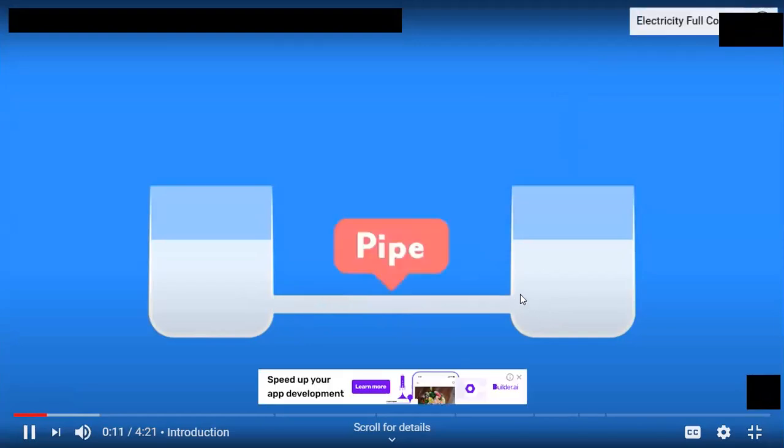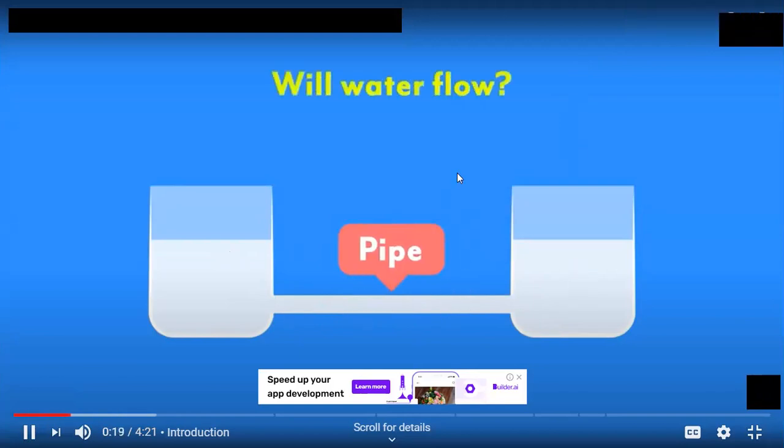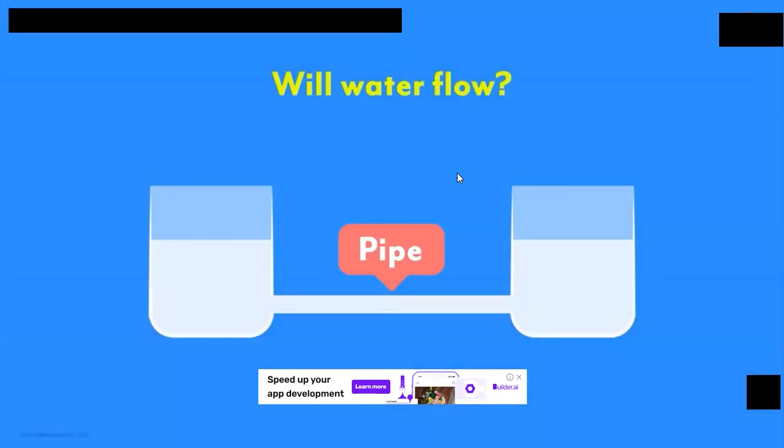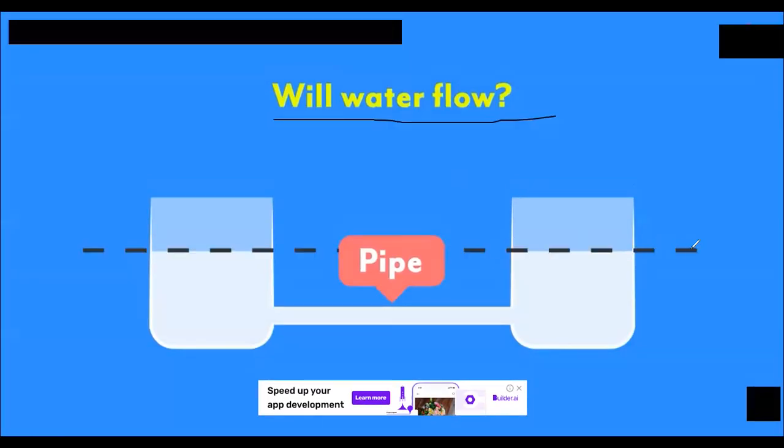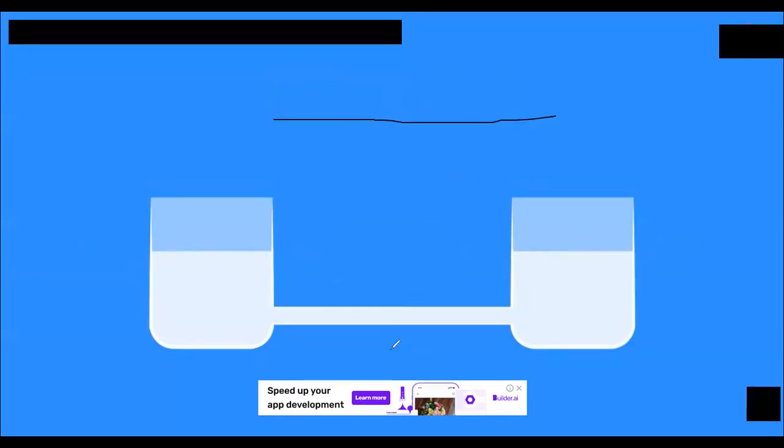Now connect them. So how do you connect them? From the end. Can water flow from the first beaker to the second or the second to the first with the help of that pipe? No, it is not possible. Will water flow? No, because their level is the same.